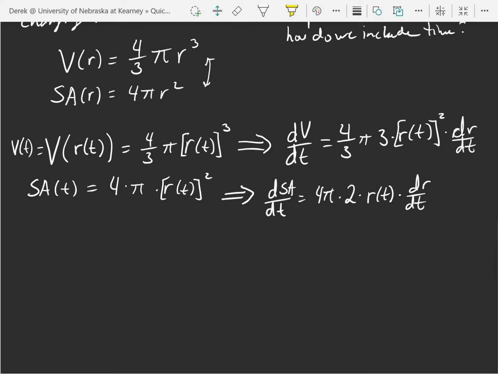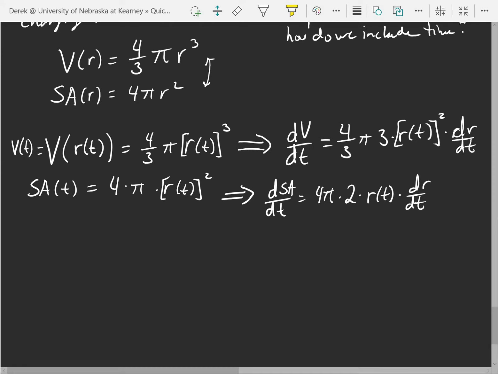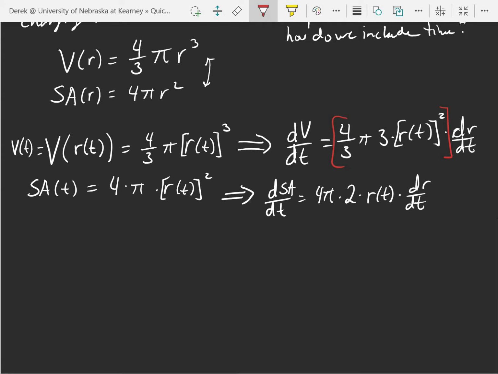So let's look at this piece right here real quick. Those 3's are going to cancel, and I get 4 pi r squared, which is exactly the surface area at that time, right?